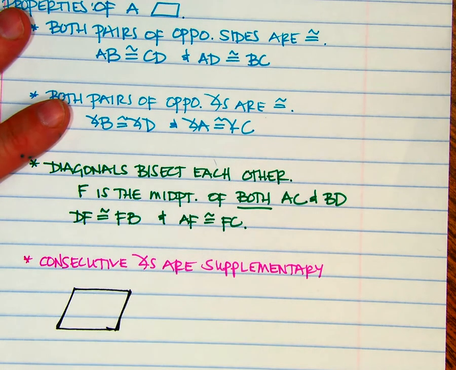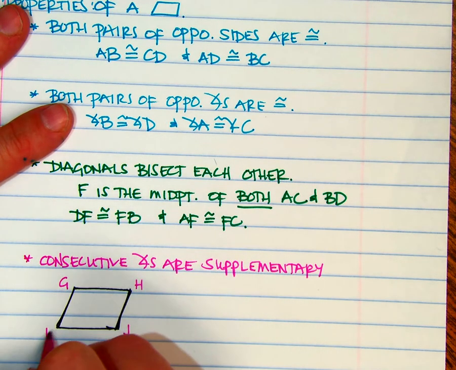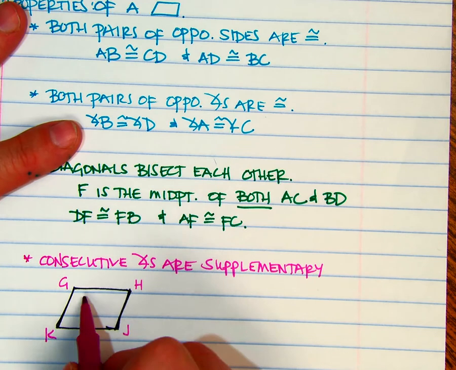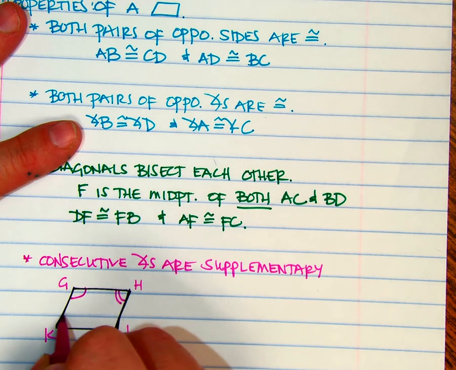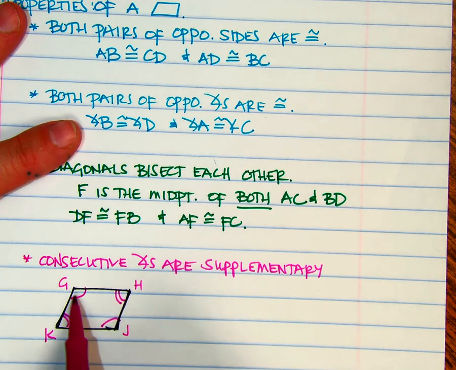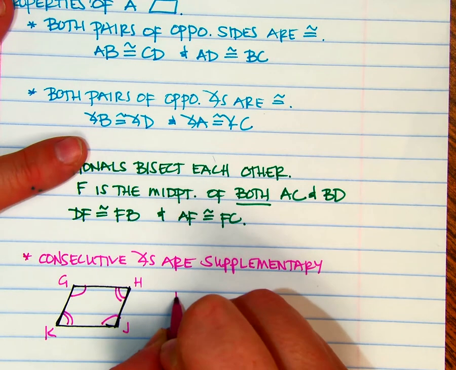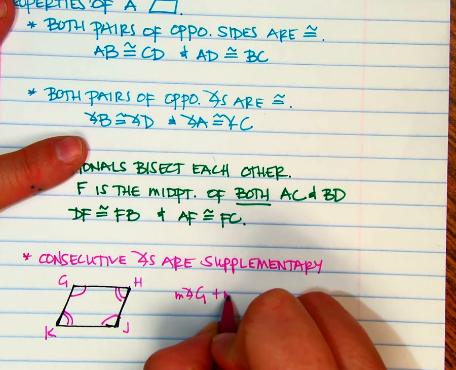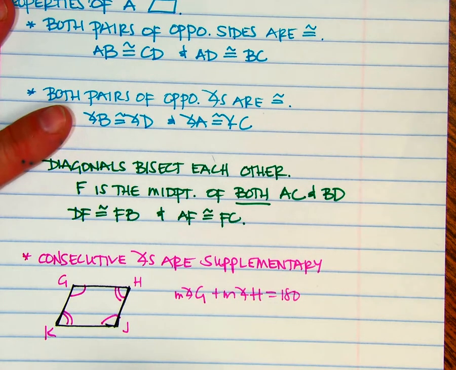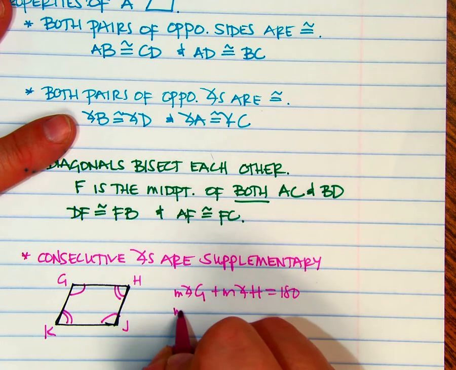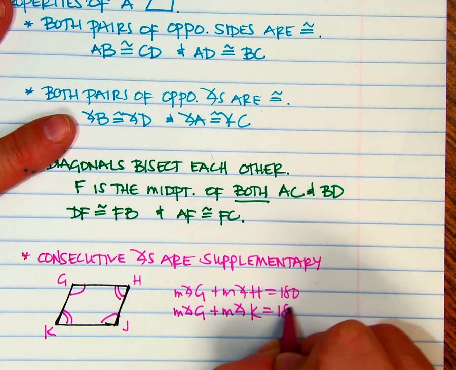Okay, so if I have a parallelogram here, and we have G, H, J, and K, I would know that G and J are congruent from before, H and K are congruent before, but now I also know that the measure of angle G plus the measure of angle H equals 180, and I can go the other way, that the measure of angle G plus the measure of angle K equals 180 degrees.